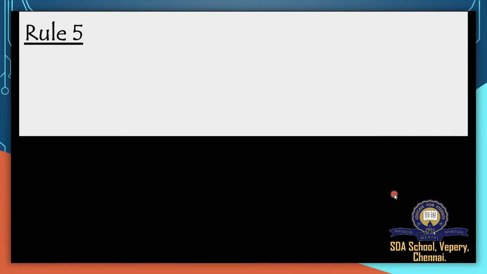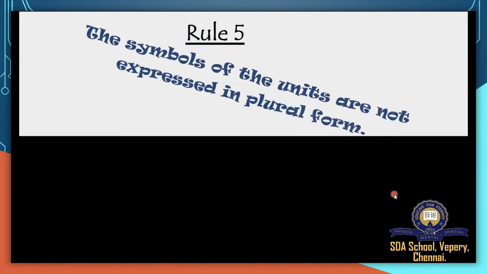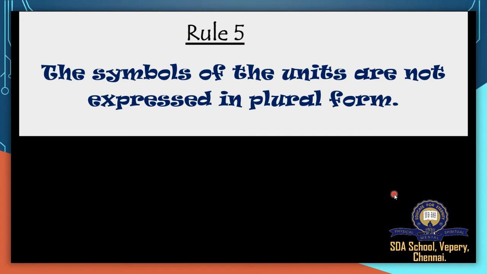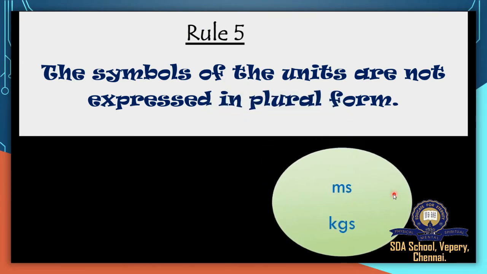Move on to rule 5. The symbols of the units are not expressed in plural form. If I say I have traveled 5 meters from school to home, you cannot write the symbol as ms for that.